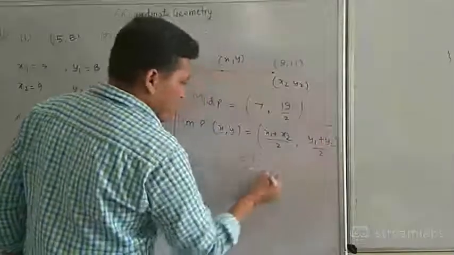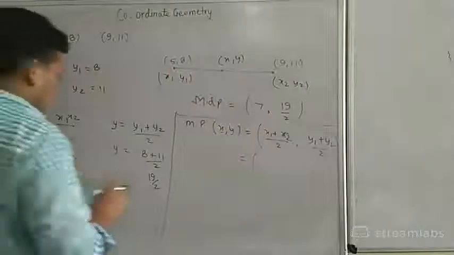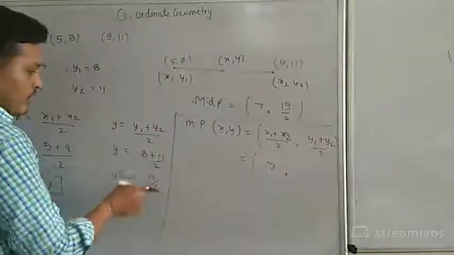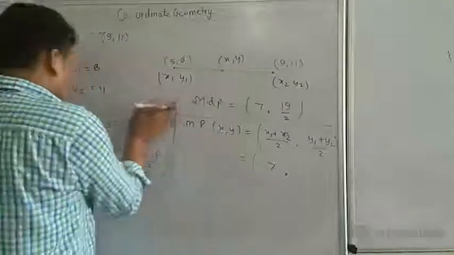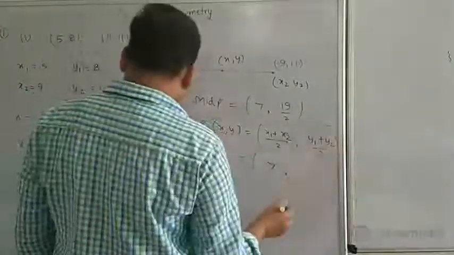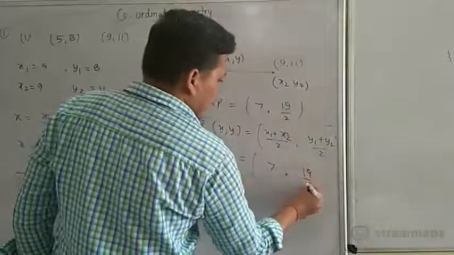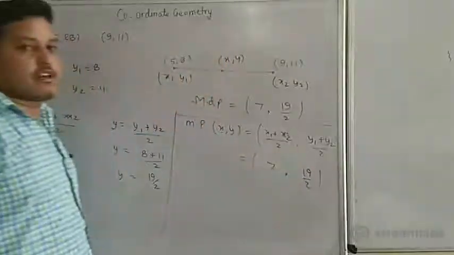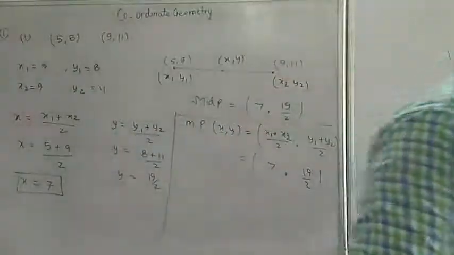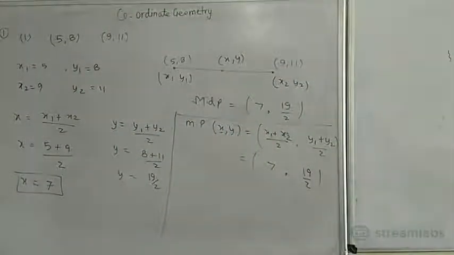So substitute the values here: x1 plus x2, 5 plus 9 upon 2, this is 7, and y1 plus y2 upon 2. That means you can directly write it like this, instead of writing it the earlier way. So this is 19 upon 2. Substitute the values and solve it. This is the way of solving this type of question. This is the value of midpoint x and y.